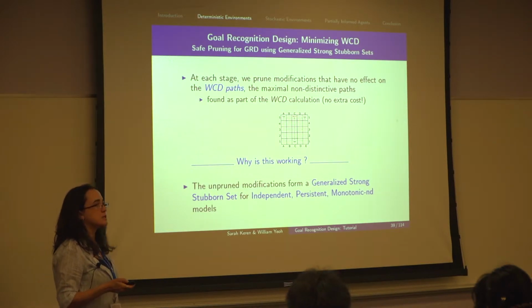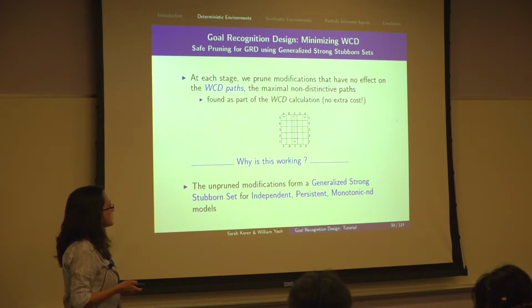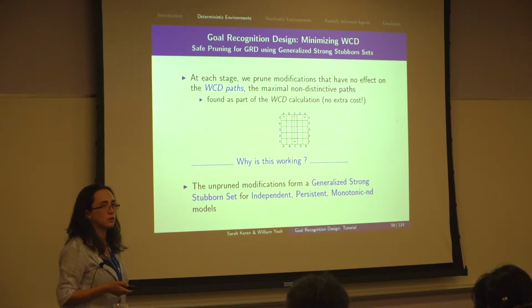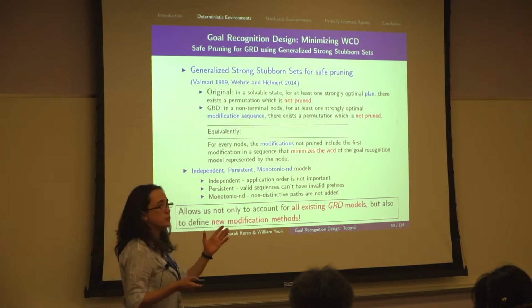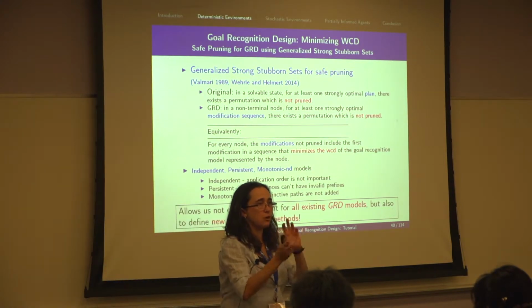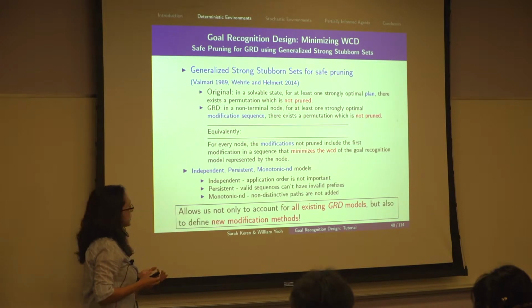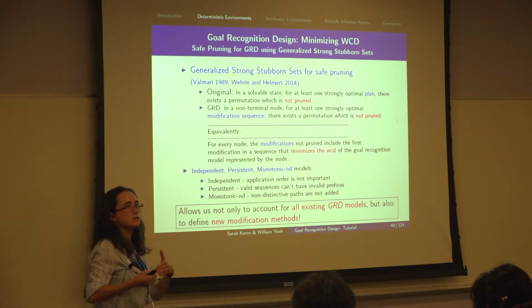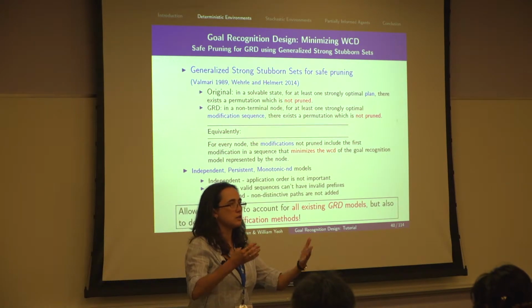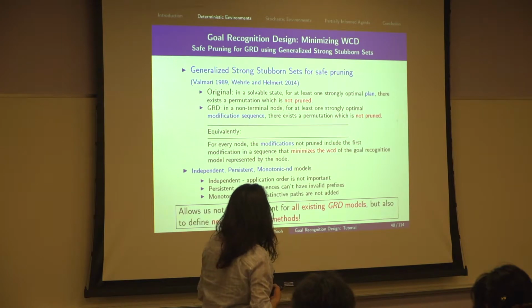The reason why this is working is because our models are independent, persistent, and monotonic, which means that where we are applying change, the order doesn't matter. They are persistent in the fact that valid sequences can't have invalid prefixes, and they are monotonic, non-distinctive in the sense that if we block an action, we are necessarily not increasing worst case distinctiveness.